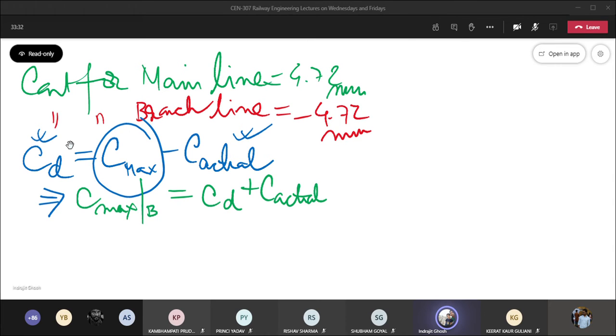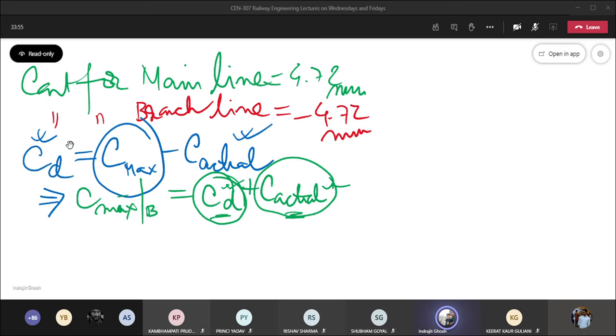Now remember, this C actual, C max, everything is for the branch line. There is no specific CD value for the main line and branch line. I have seen many times that your seniors messed up the C actual here.